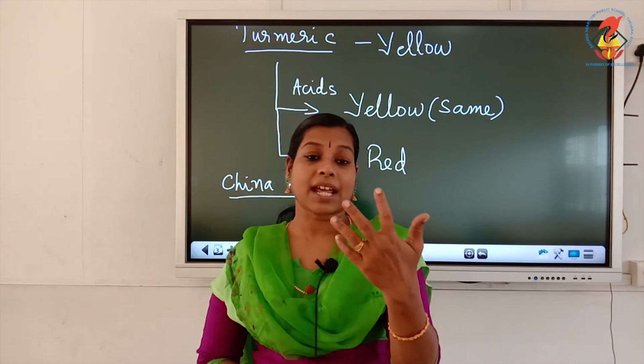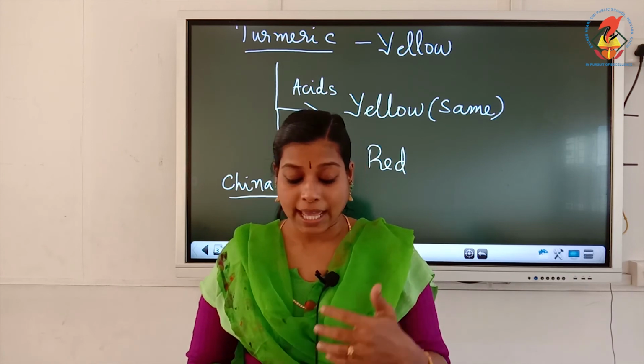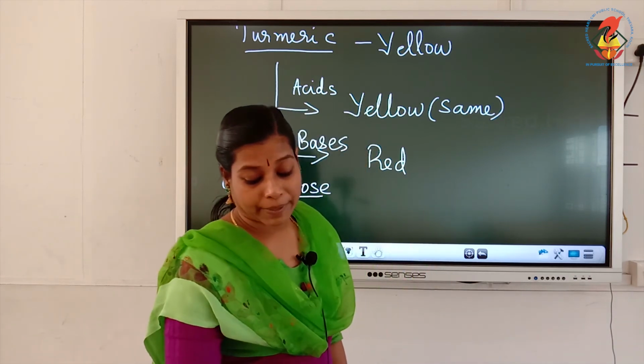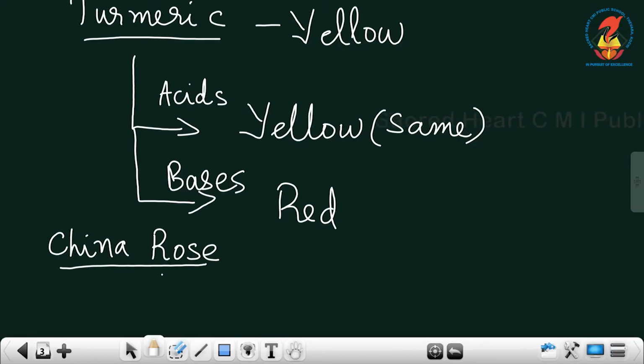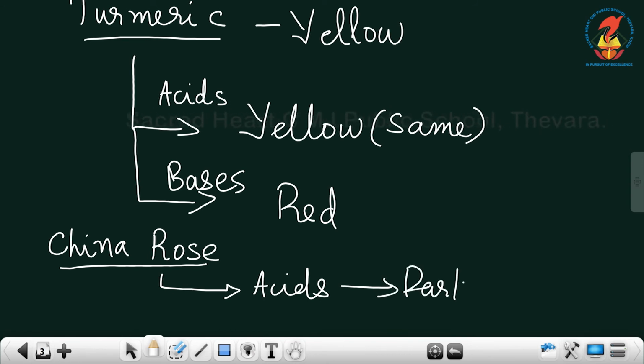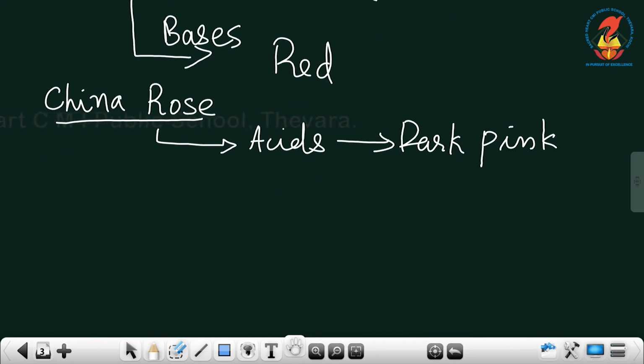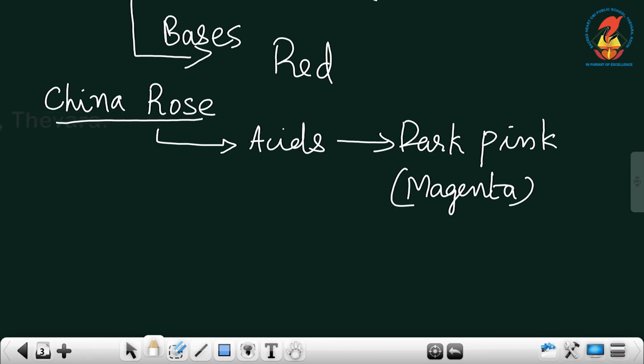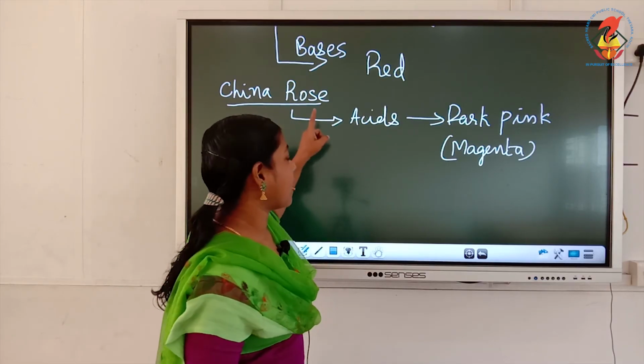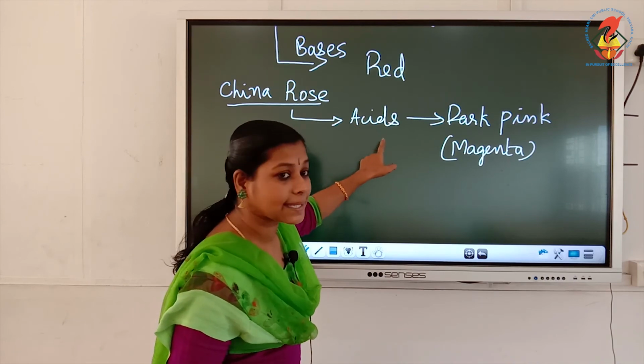This China rose is a natural indicator, and in acids it will produce a dark pink or magenta color. Dark pink or magenta color will be produced when this China rose indicator contacts acids.